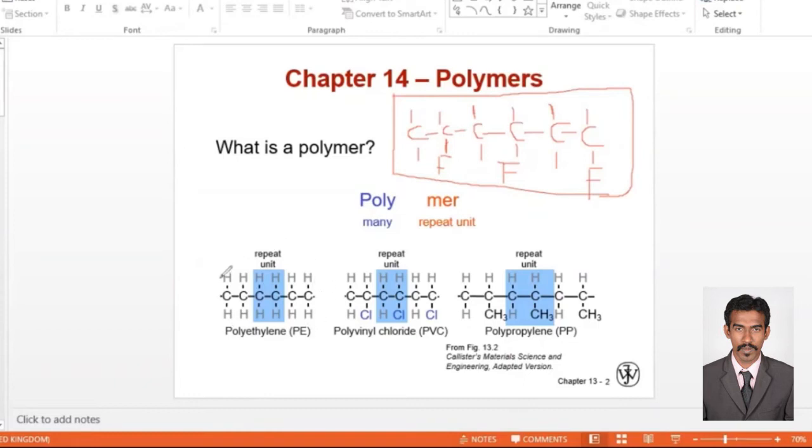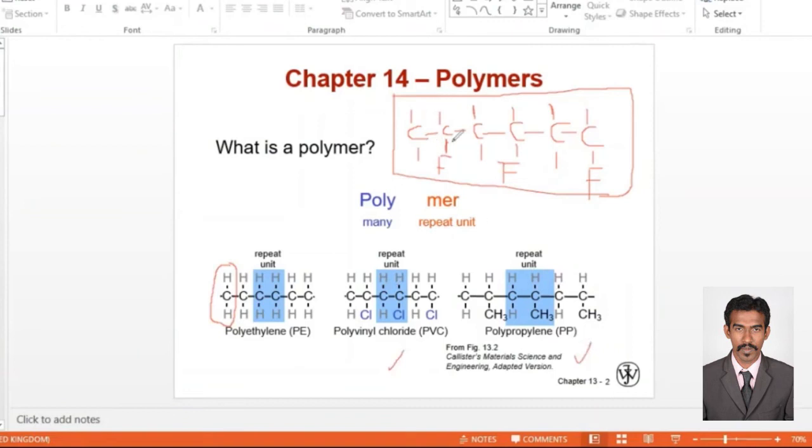Because here you see it is C2 carbon, C2 carbon, C2 carbon, C2 carbon, C2 carbon. So you may assume that this unit is a repeating unit. But in this diagram and this diagram, you don't need to get confused.